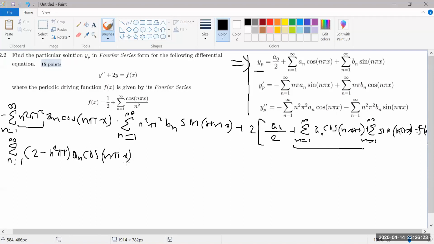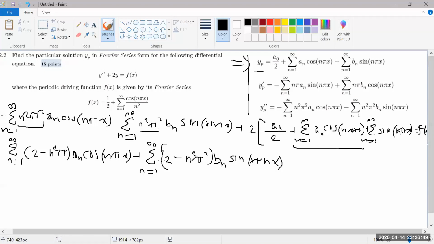N pi x, so let's go ahead and do our sine terms. Very similarly, we're going to have something that looks like this, 2 minus our n squared pi squared, b sub n, sine n pi x.